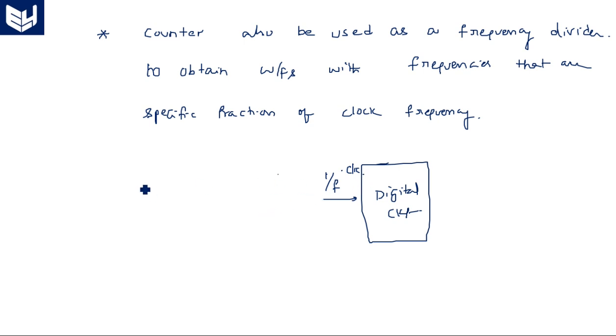Then we need a counter between this digital circuit and the clock. Then the clock frequency will be multiplied by this fraction 1 by f, and the output is given to the digital circuit. Hope you understand the purpose of a counter as a frequency divider.